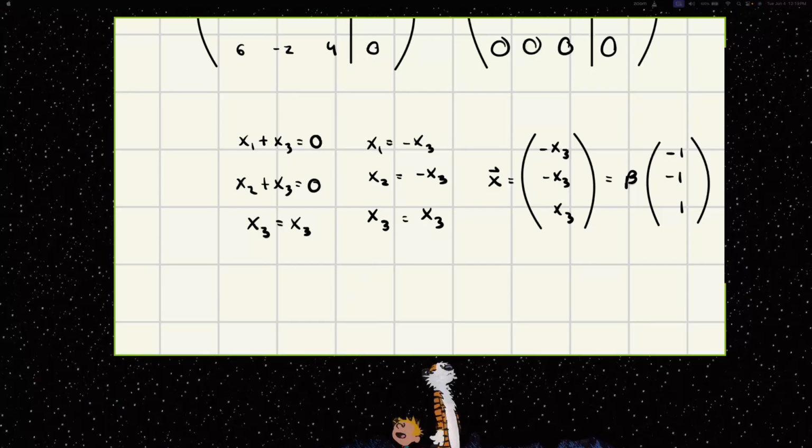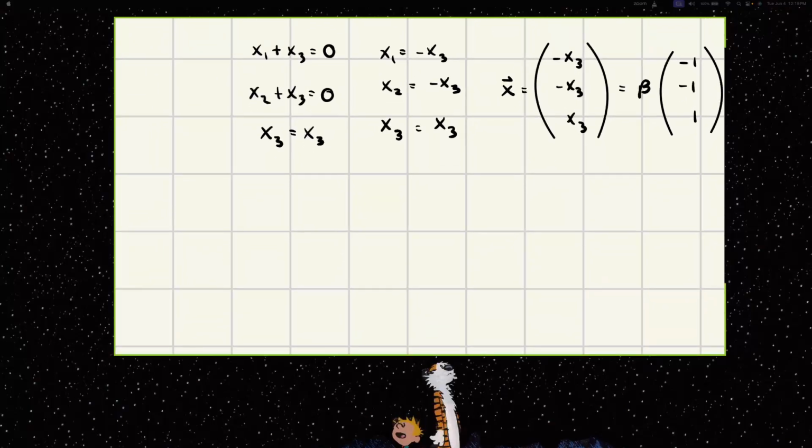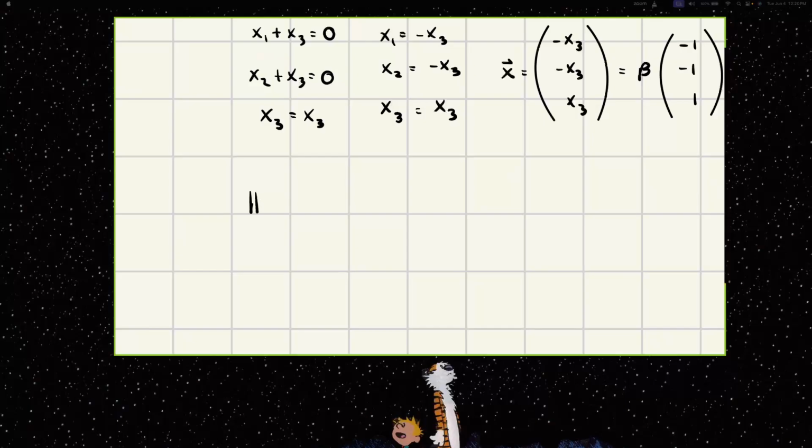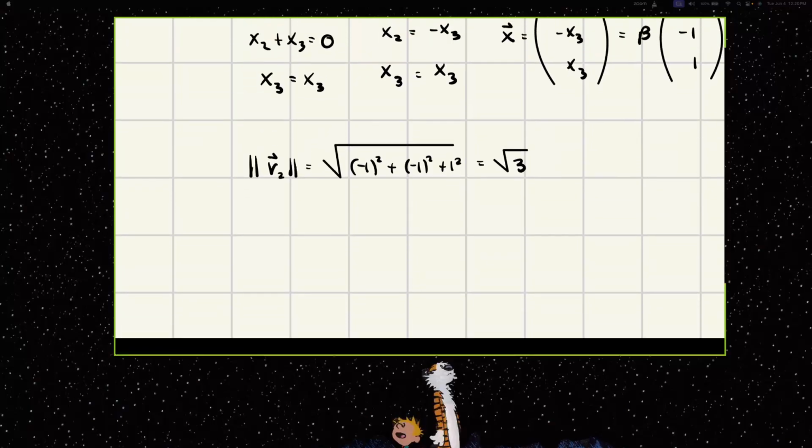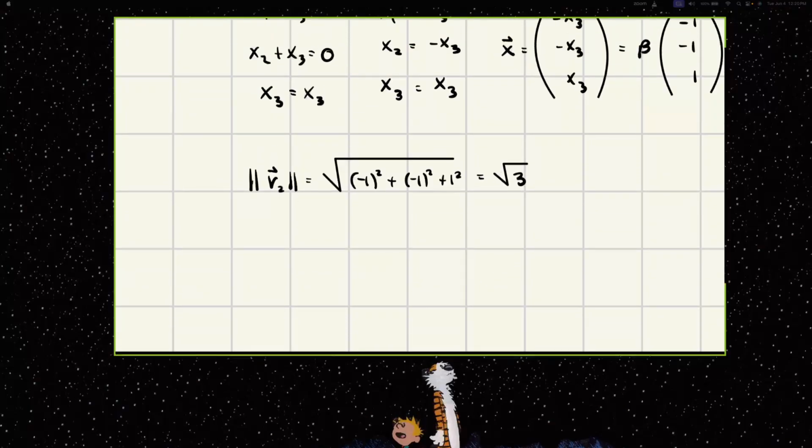So now we just need to normalize this so that we can get a value for beta and have our basis vector v. Okay, so we do the exact same thing again. We want the norm of v2, which is the length, the sum of the squares, so it's going to be negative 1 squared plus negative 1 squared plus 1 squared. So this will just give us 1 plus 1 plus 1, so we just get the square root of 3. Again, nothing we can do with the square root of 3, so we'll leave it like that.